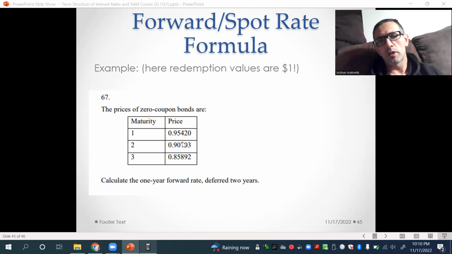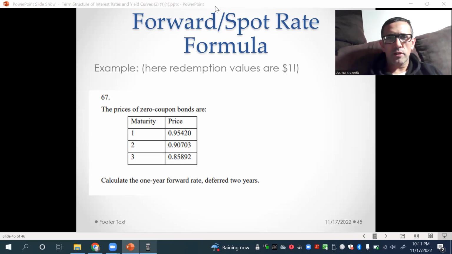Deferred 2 years, 2 to 3, so we're finding i 2 to 3. Maybe write these prices down. We actually just need these two prices, the 3-year and 2-year zero coupon bond prices.